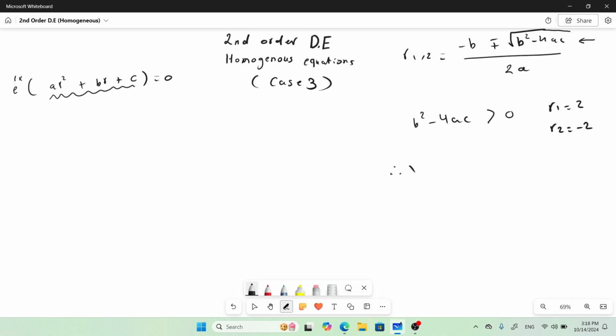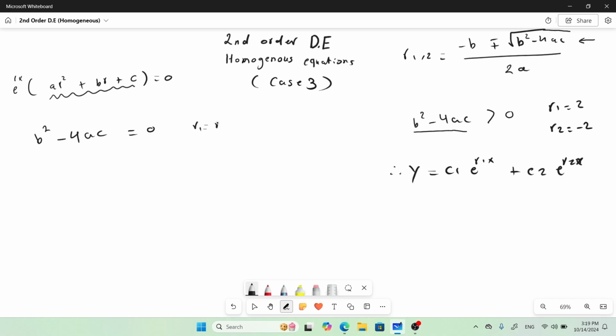Therefore our general solution would be y equals c1 exponential r1x plus c2 exponential r2x. Now in part 2 we discussed if the term b squared minus 4ac is equal to 0. Therefore our roots are the same value.